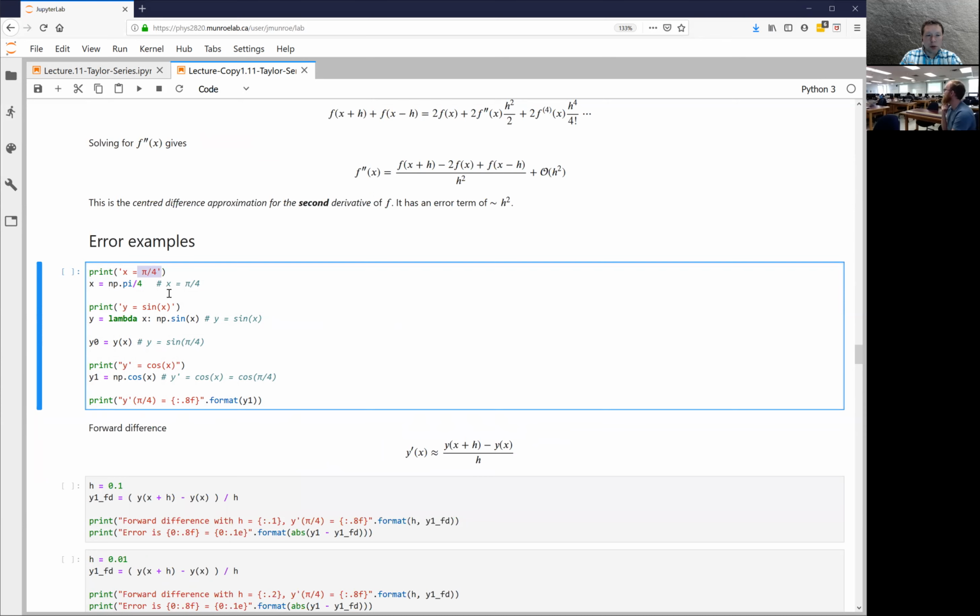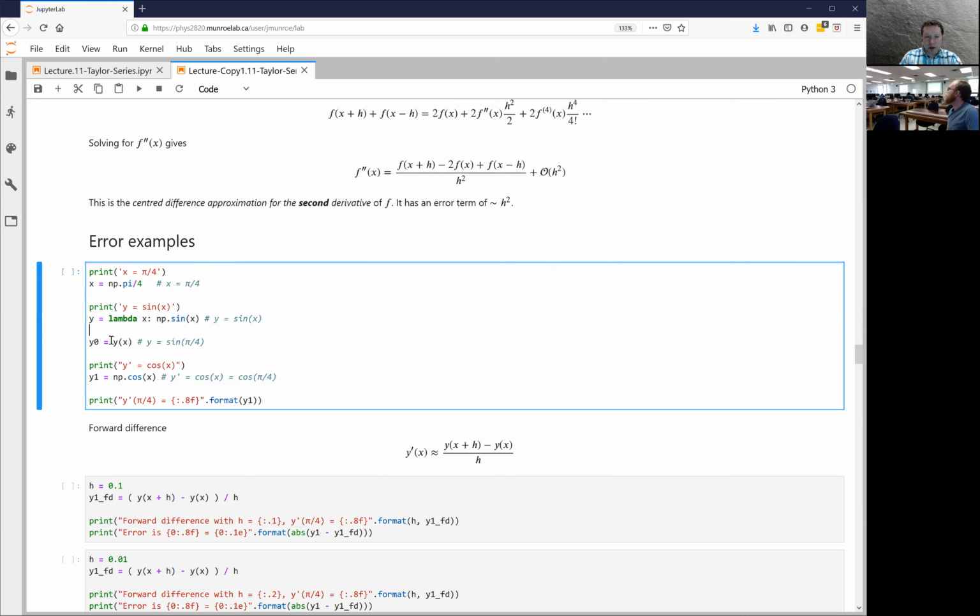So in code, we would say x equals pi over 4, and there isn't a pi symbol, but numpy.pi defines pi. I'm going to define a function called y equals sine of x, and I'm going to do this with this lambda notation. It's a mini function. You could rewrite this as a def f of x return np.sin of x.